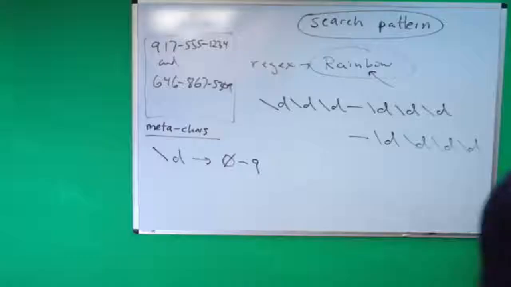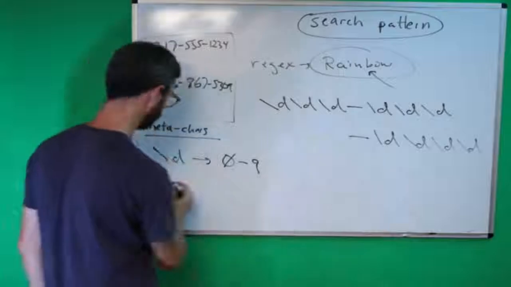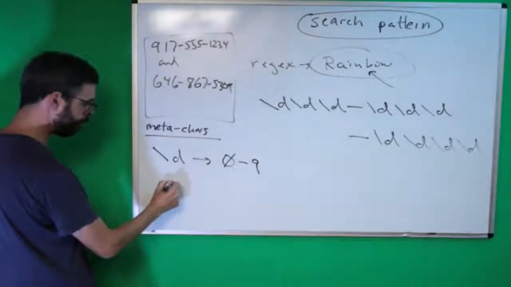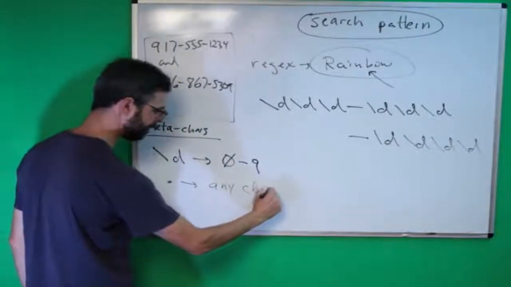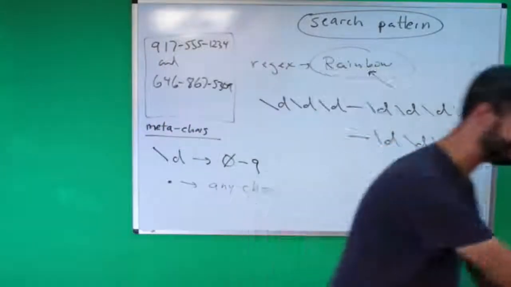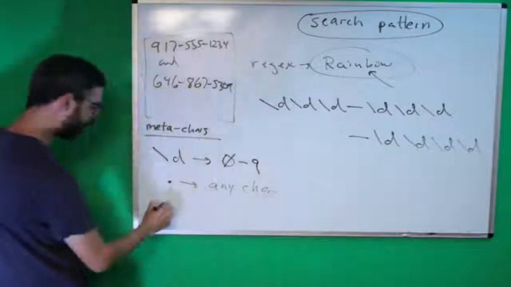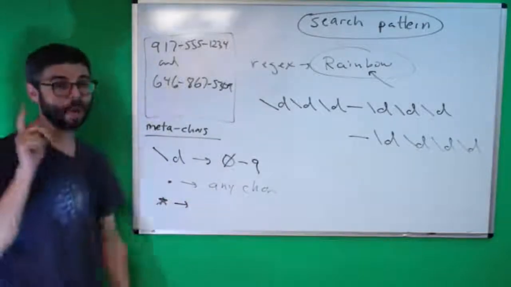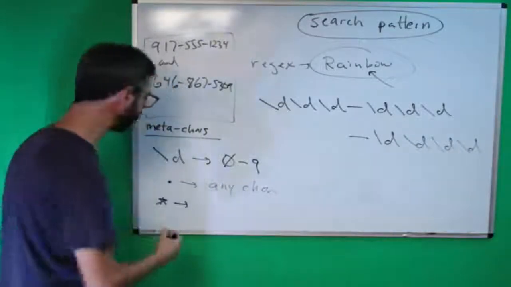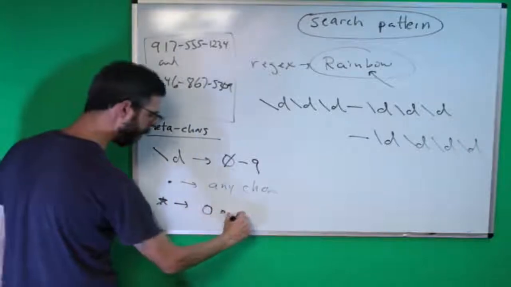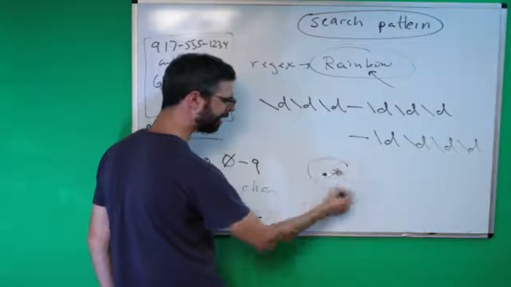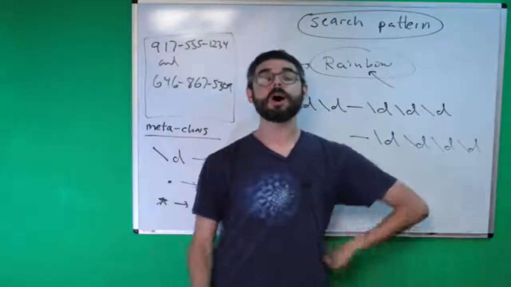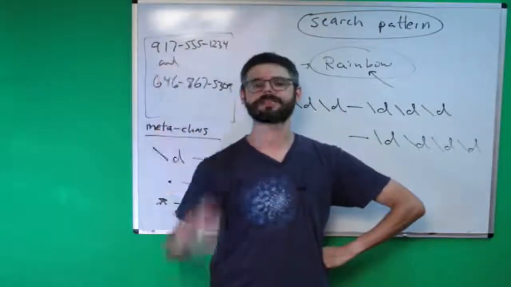And incidentally, why is it dot star? So, 2 more meta characters. Dot means any character. I've got the wrong whiteboard marker again. And star is what's known as a quantifier, and again, I'm going to go through this stuff in sequence, meaning 0 or more. So this dot star, which you've probably seen, like, I want to look for all of my files called rainbow.star.